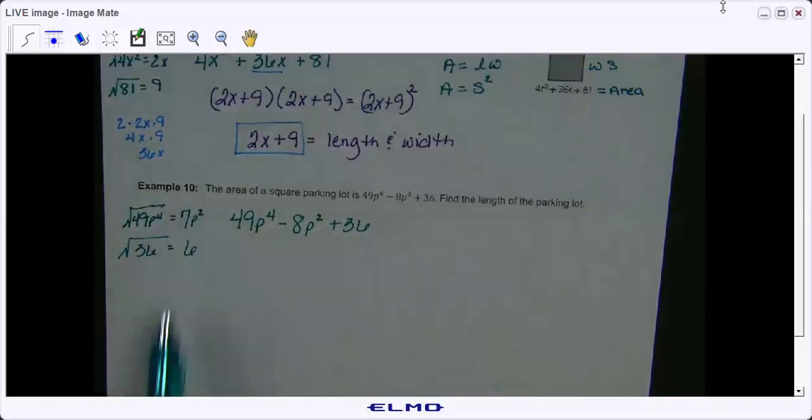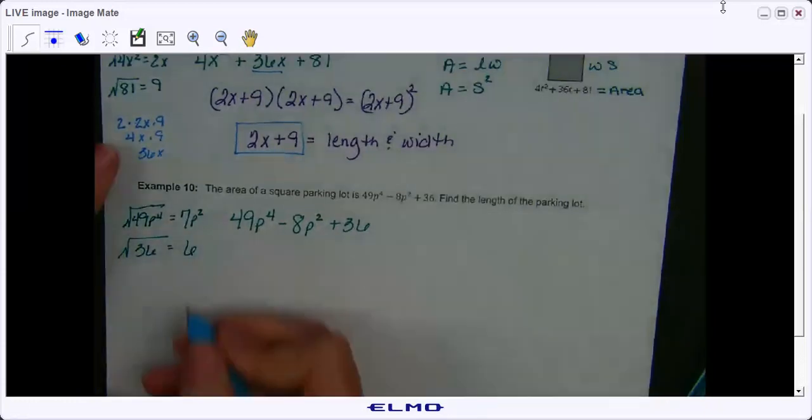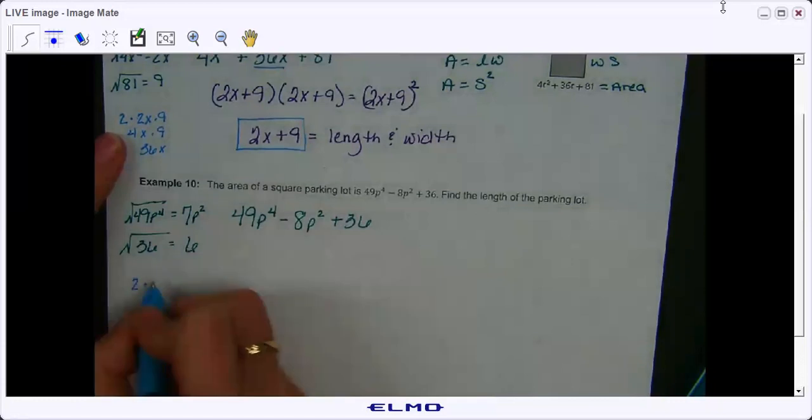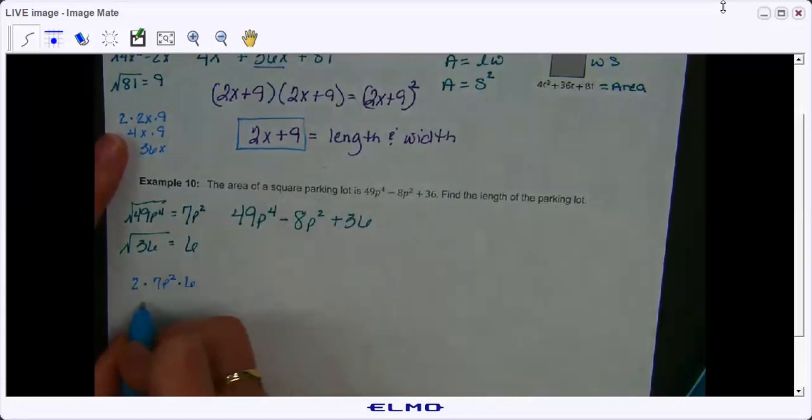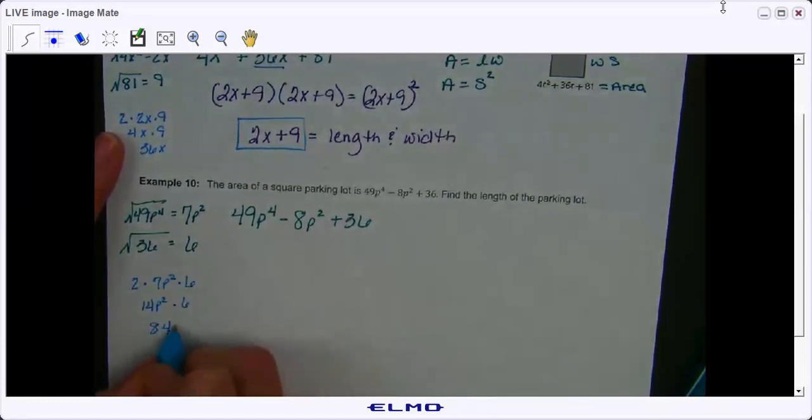So let me check to see if that will work. I'm going to have 2 times 7p squared times 6. So 2 times 7p squared is 14p squared.